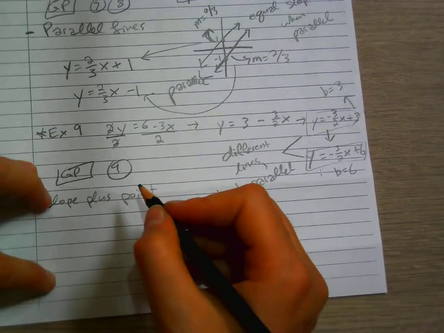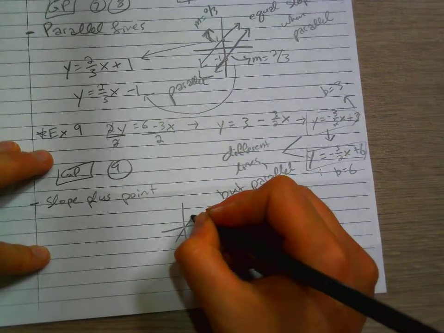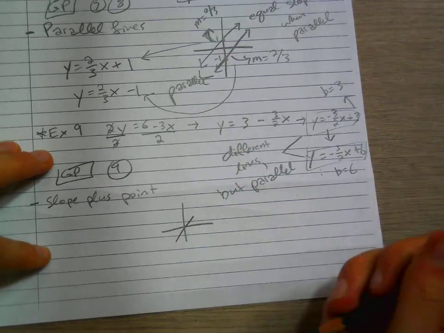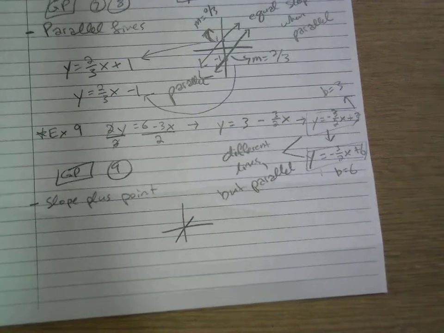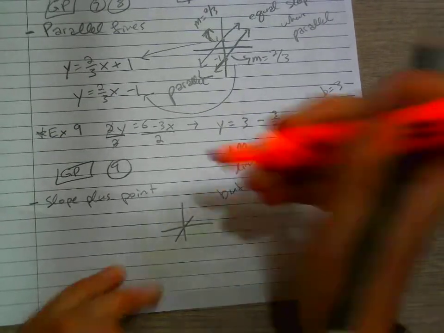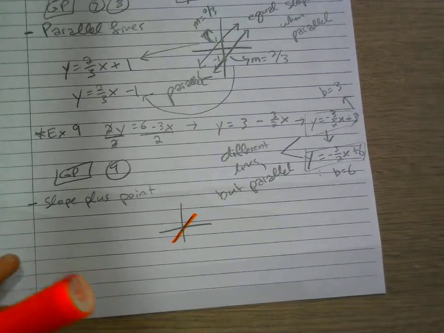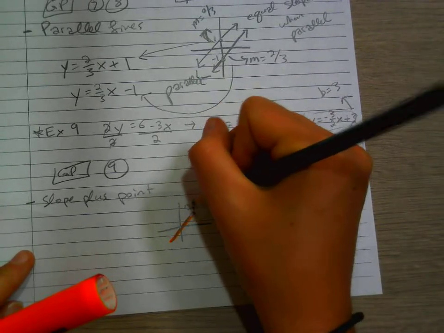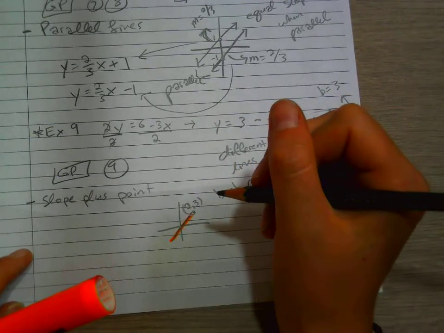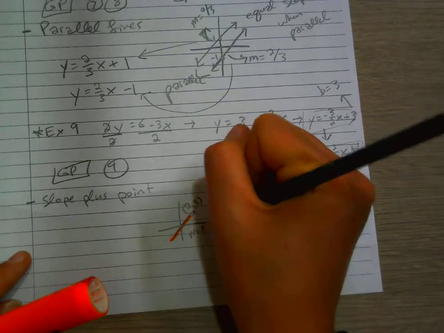For example, you're given this line here, and we say, all right, we have (2, 3) as a point, and the slope is m equals 2/5.